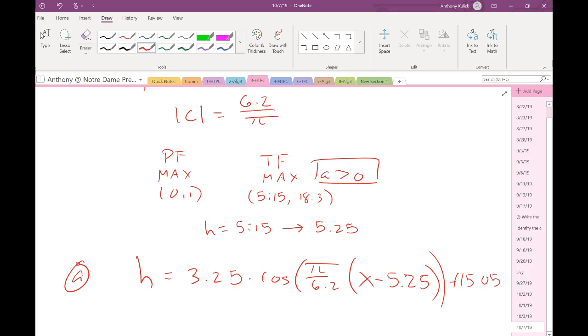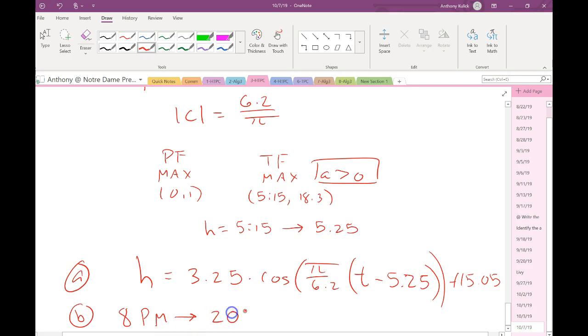Part B asks us to find the depth of the water at 8 p.m. So all I need to do is plug 8 in for T, right? Nope. 8 p.m. is actually 20 hours, right?